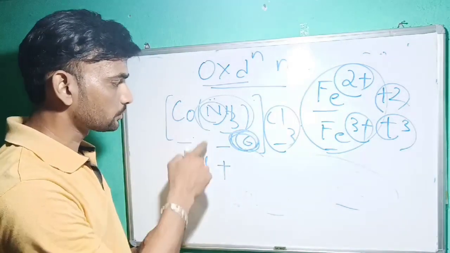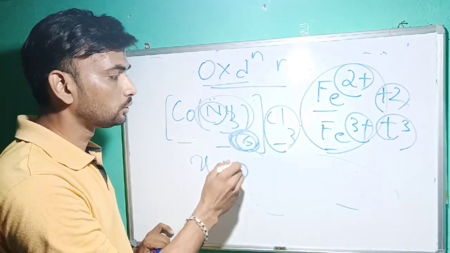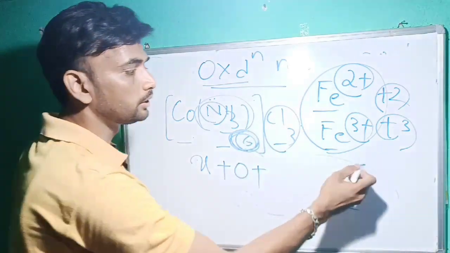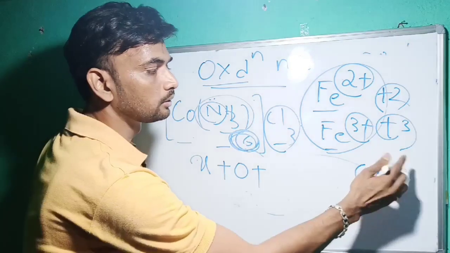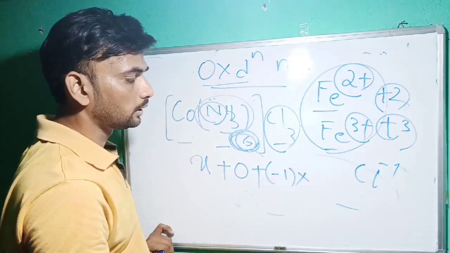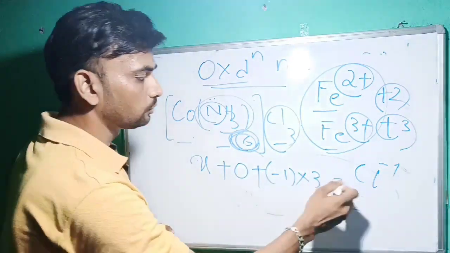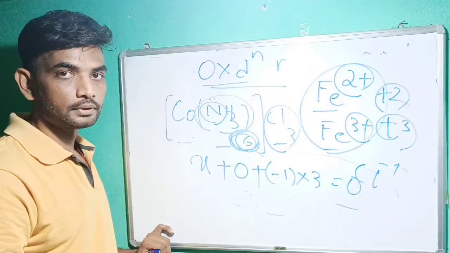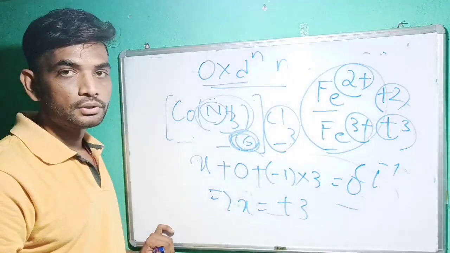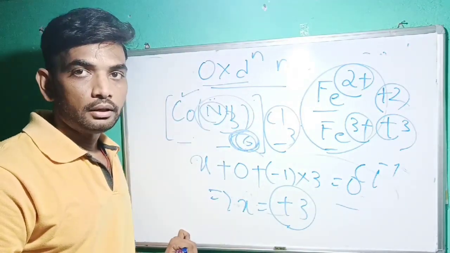Then plus ammonia, as I told, 0, 0 into 6 is equal to 0, plus the chloride ion is written as Cl minus, that means minus 1, so minus 1 into 3 is equal to 0. Clear? This implies X here is equal to plus 3. This is the oxidation number of cobalt in the metal complex.